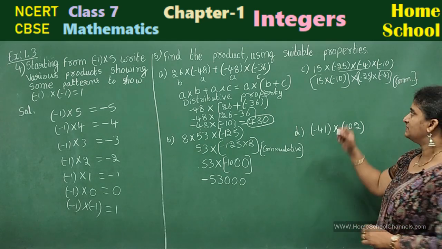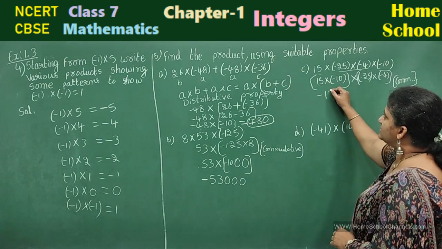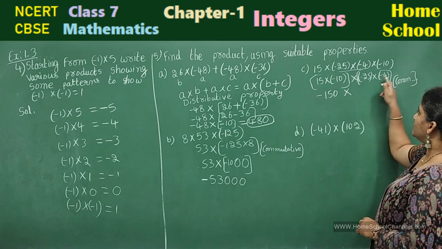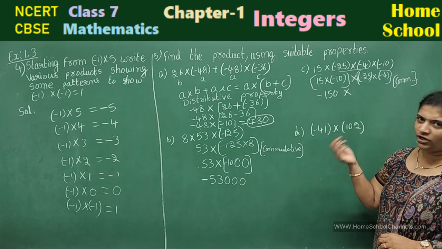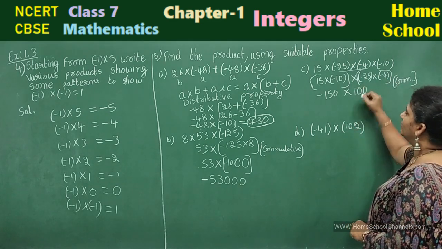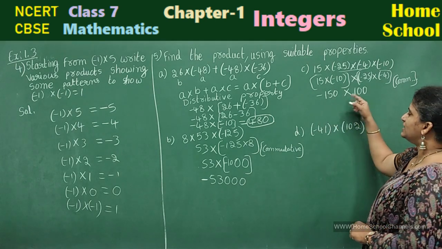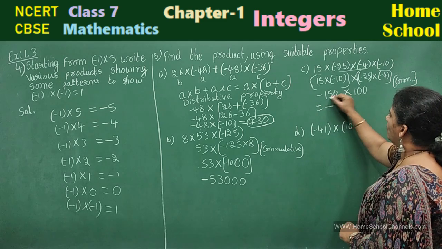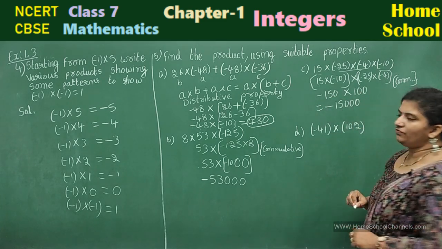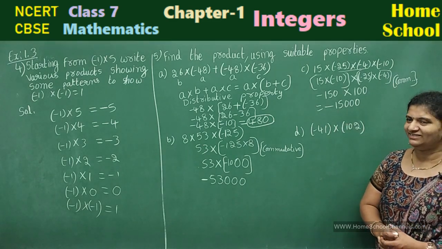Plus into minus is minus, so 15 tens are 150, into minus into minus is plus, no need of writing, 25 fours are 100. Now do the product of these two. Minus into plus is minus, 150 into 100 will be 15,000. Minus 15,000 is your answer.